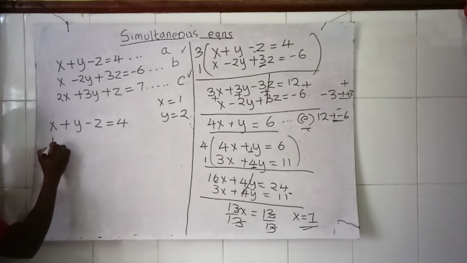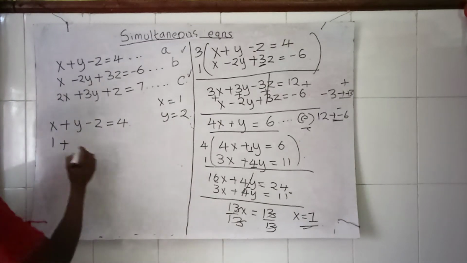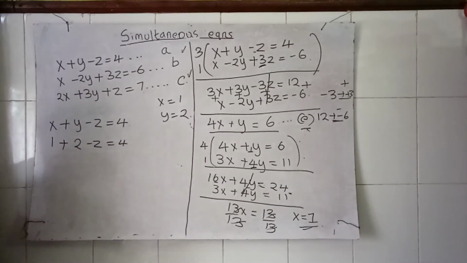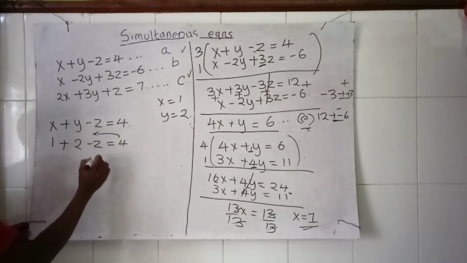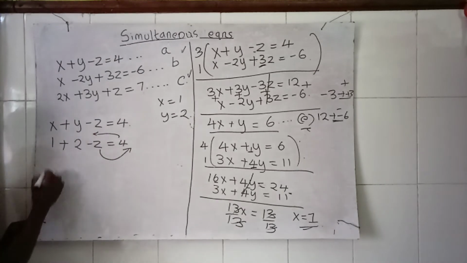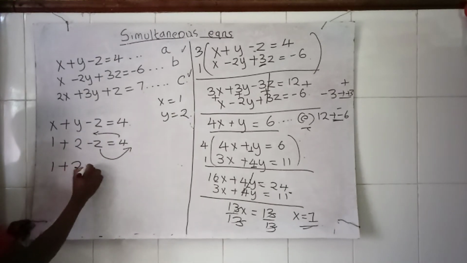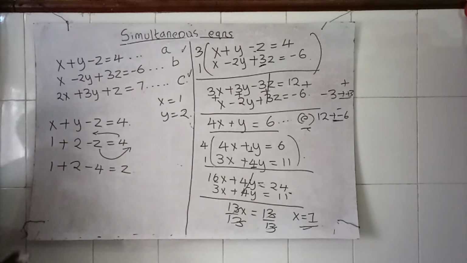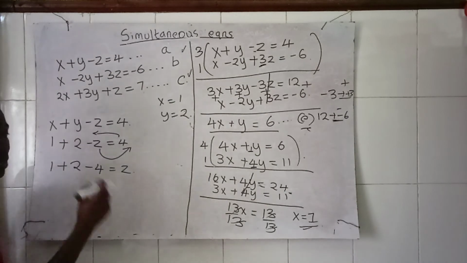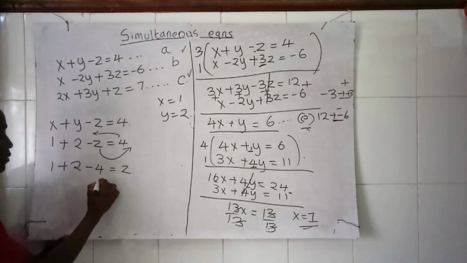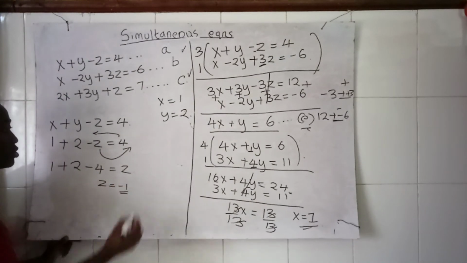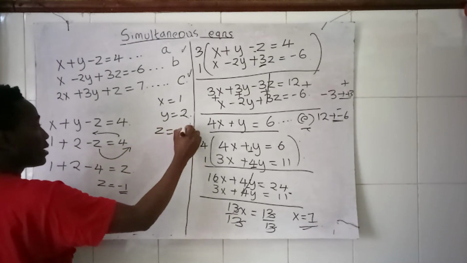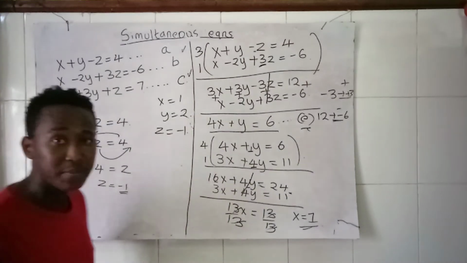So x ni 1 plus y 2 minus z equals to 4. So take 4 to the other side and z to the other side. 1 plus 2 minus 4 is equals to z. 1 plus 2, that is 3. 3 minus 4, negative 1. So z is equals to negative 1. So x is 1, y is 2, z negative 1.